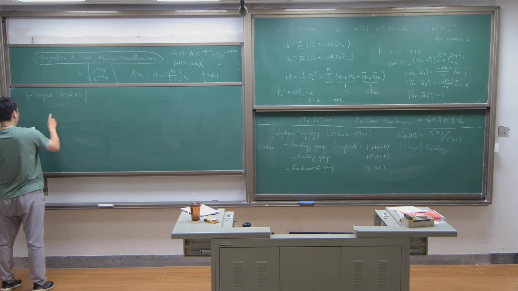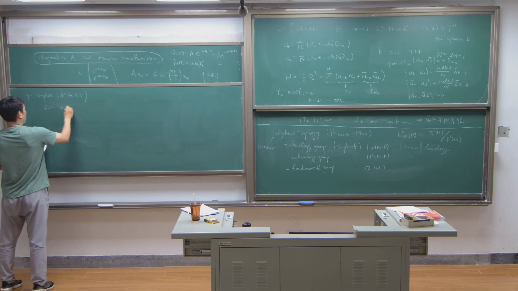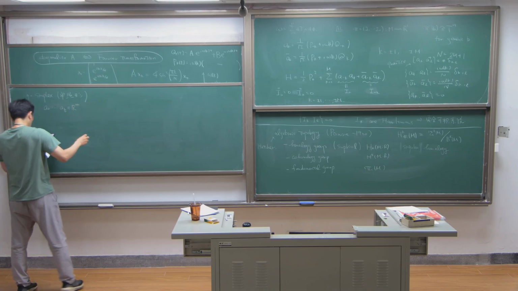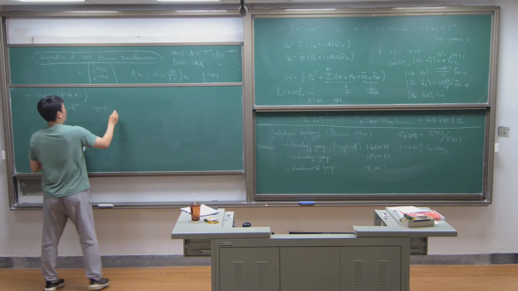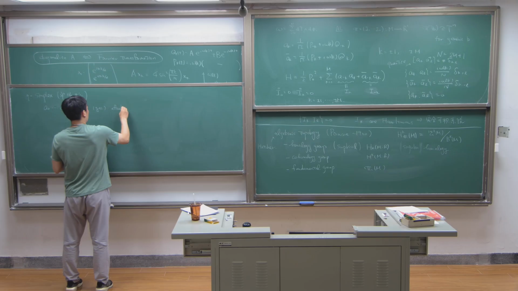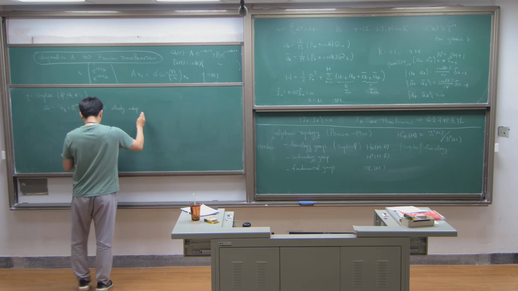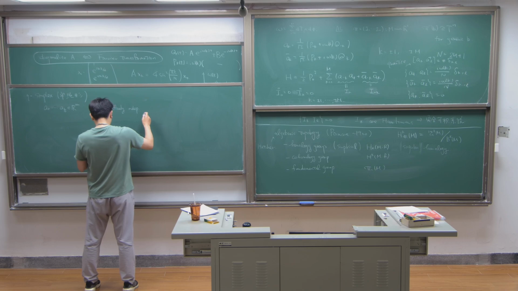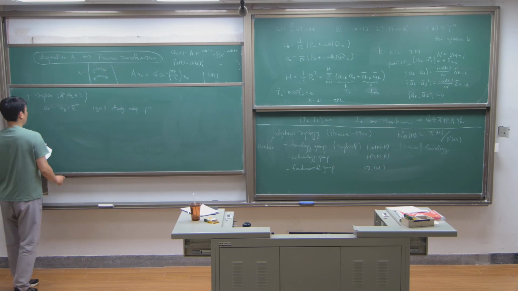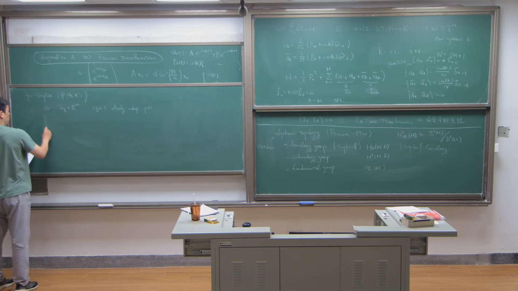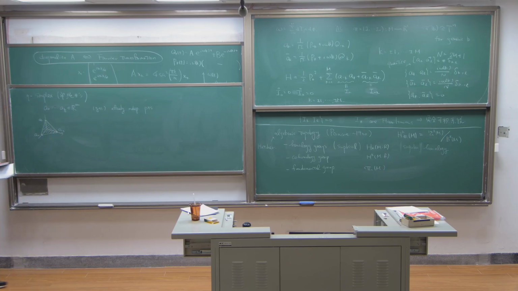The definition is that you consider A0 up to Aq, which are q plus 1 affinely independent points in R^n, and then you define the simplex. For instance, these are simplices.